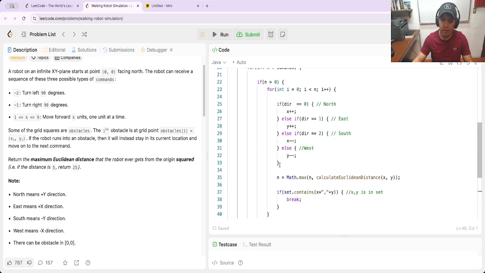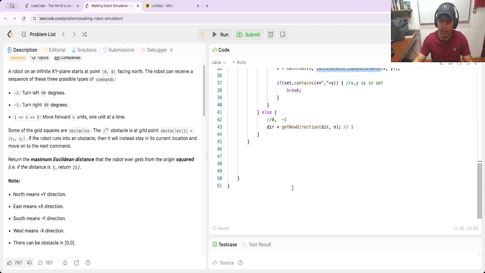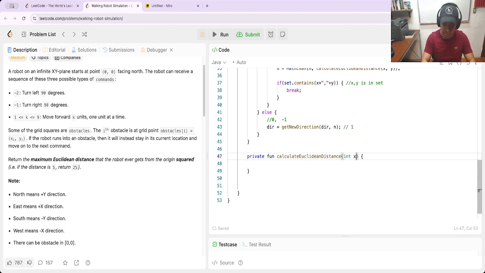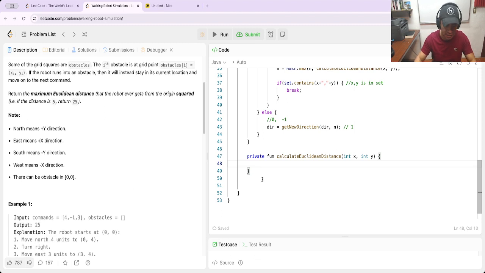Okay, the first one is calculate equivalent distance, a private fun that receives integer x and integer y, and basically returns x times x plus y times y. Yeah, this is the max distance.